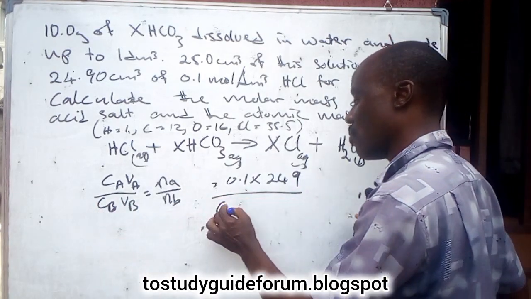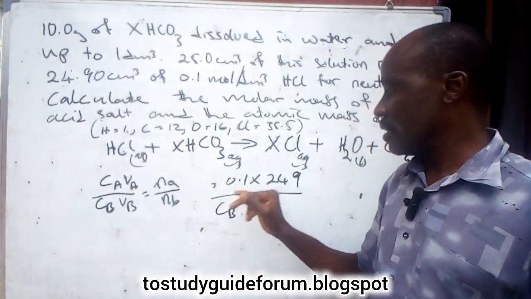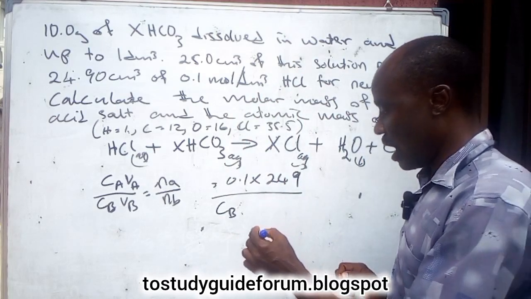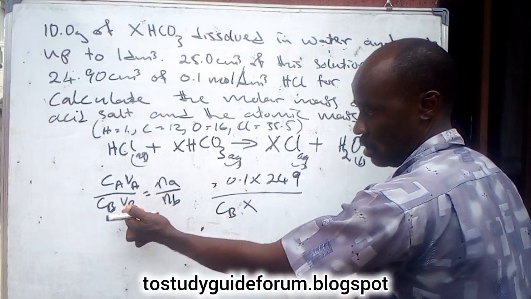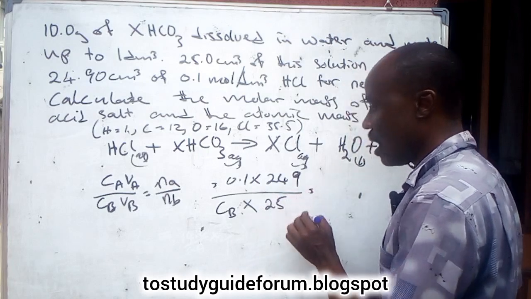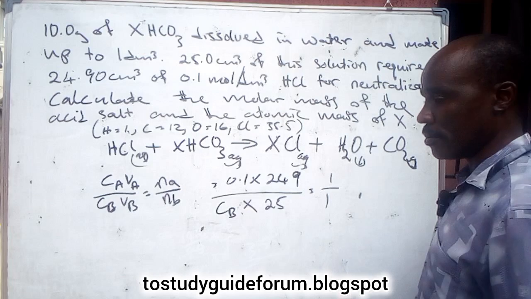Cb is the one we are looking for, because we need to know the concentration of the acid salt in the solution. Vb is the volume, which is 25, and the mole ratio is 1 to 1.